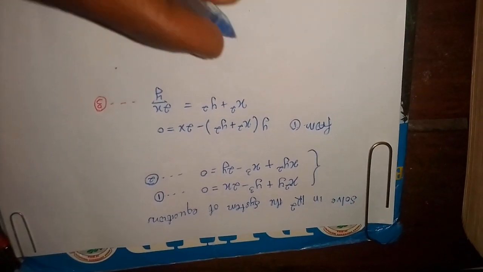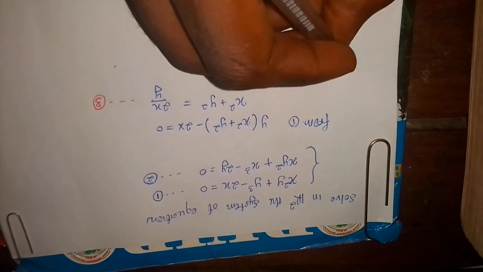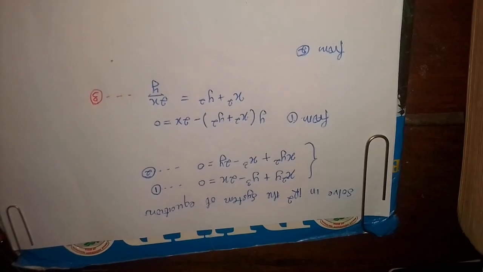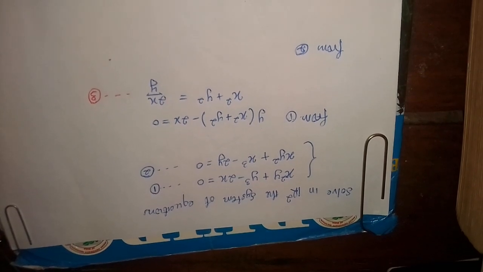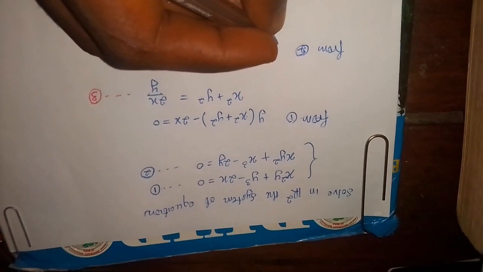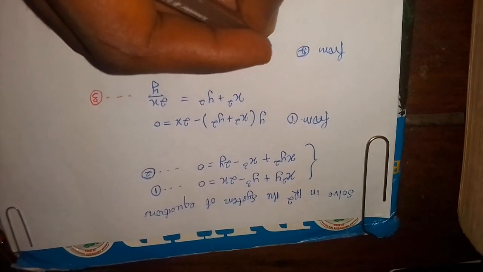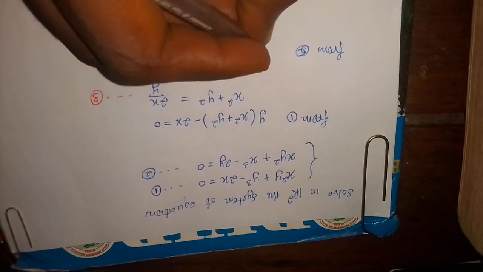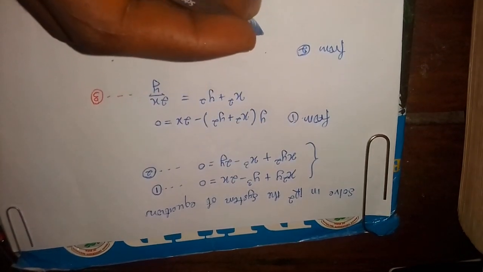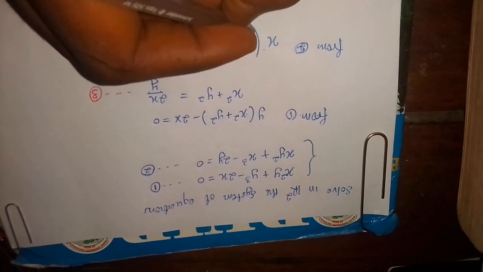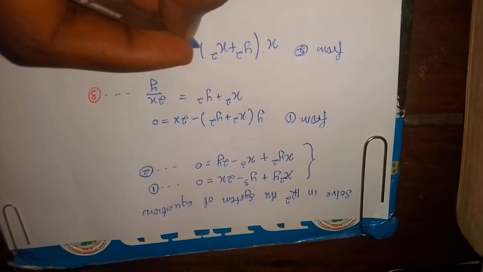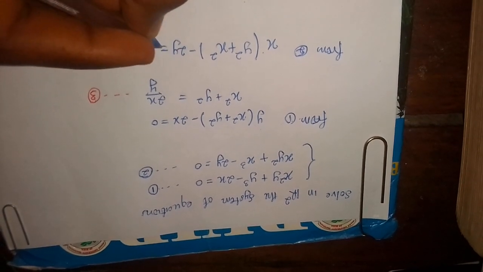Now from equation 2, we factor out, for this first part here, x, which is common. So we have x into y squared plus x squared minus 2y equals 0.